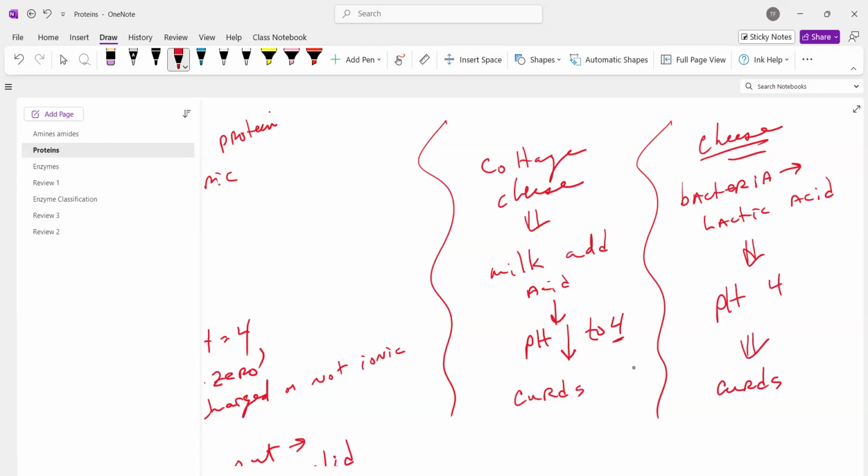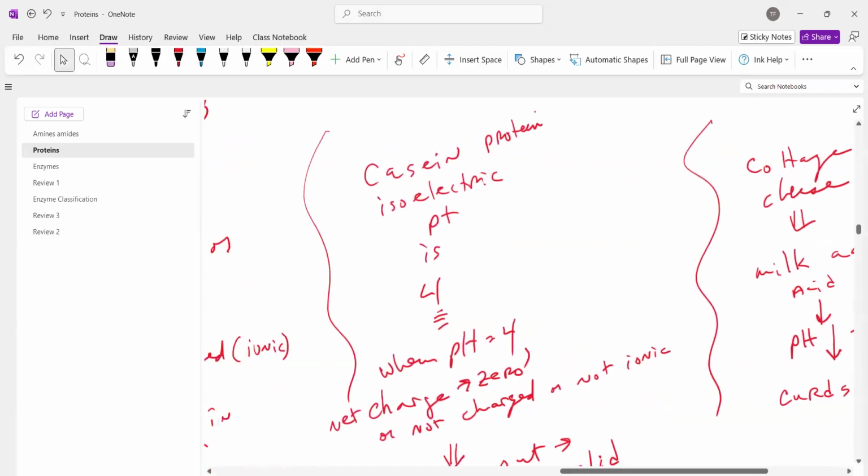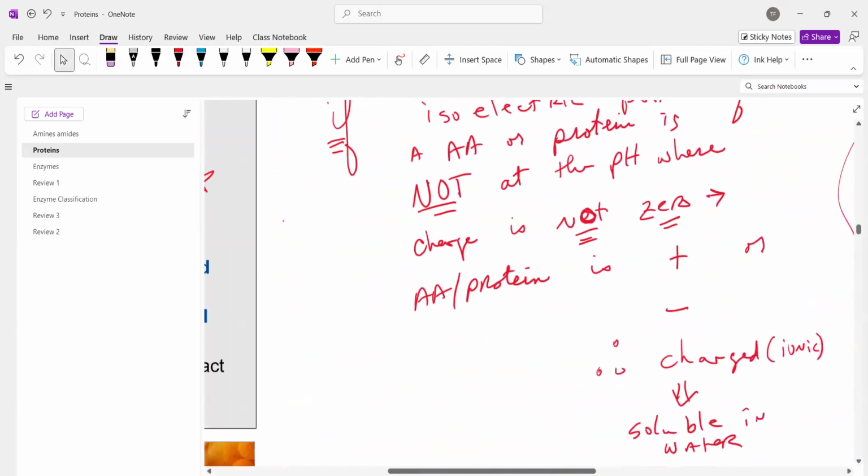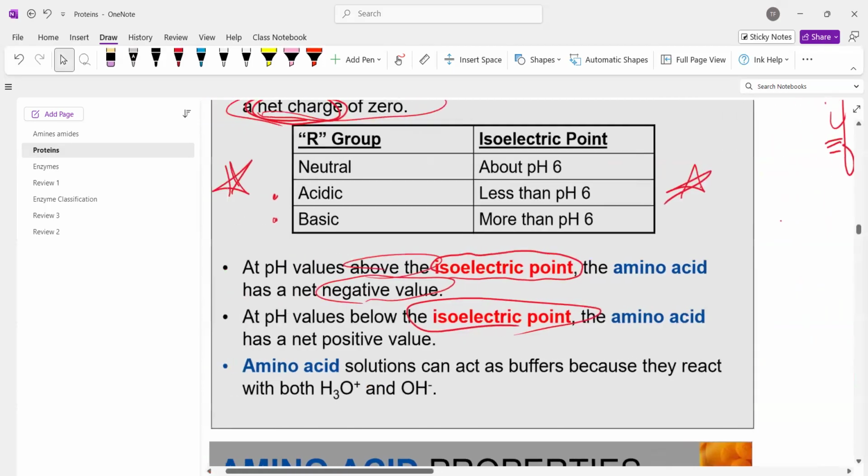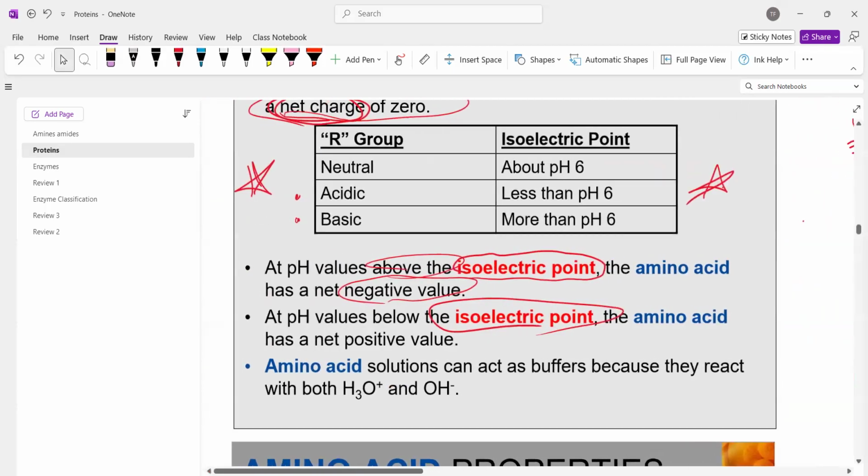So this whole concept of isoelectric is very, very important. When the pH is above the isoelectric point, the protein or amino acid has a net negative value. When it's below the isoelectric point, the amino acid or protein ends up being positive value.